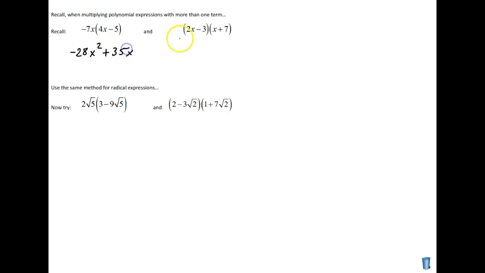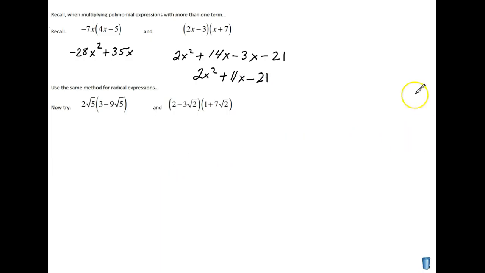Similarly, over here, when I use that multiplication method, some people remember it as FOIL, I multiply my first terms, which gives me 2x squared, my outside terms, which is 14x, my inside terms, which is a minus 3x, and my last terms, which gives me minus 21. When possible, I have to combine like terms, which is 14x minus 3x gives me 11x, and then minus 21.